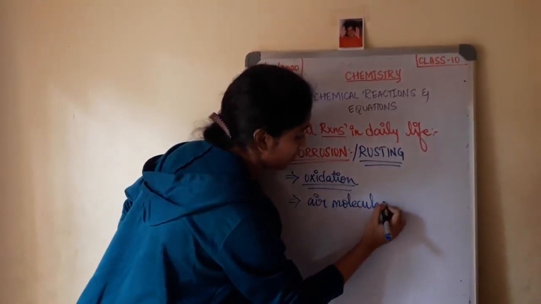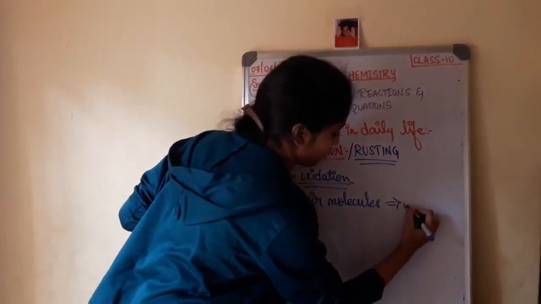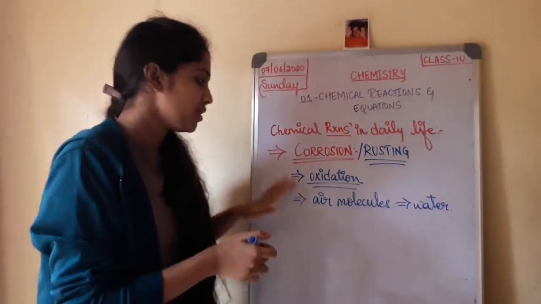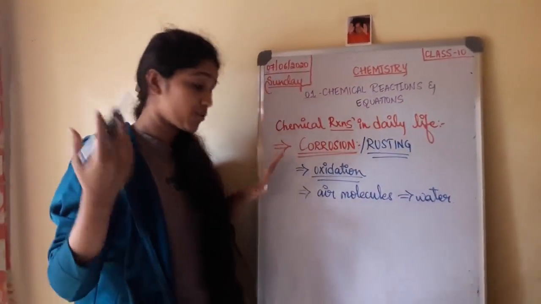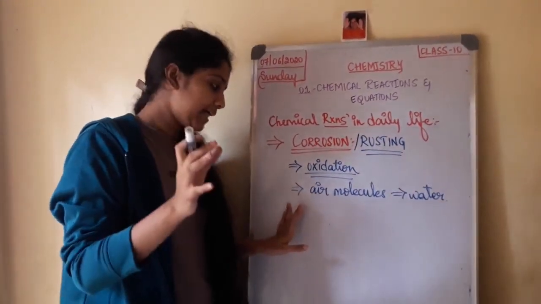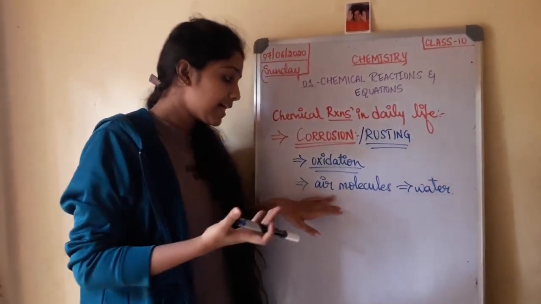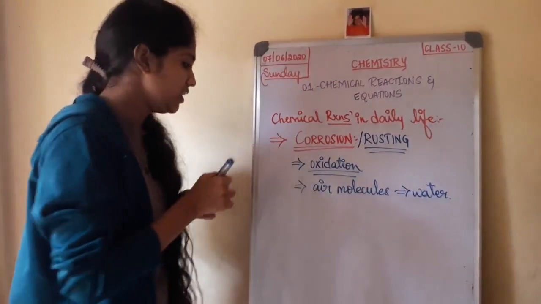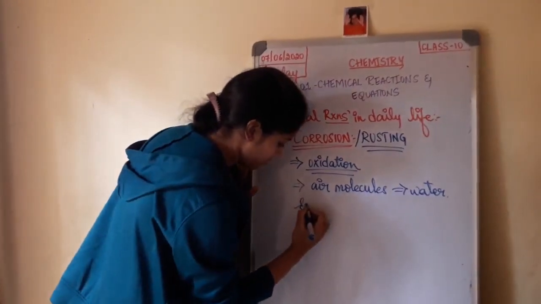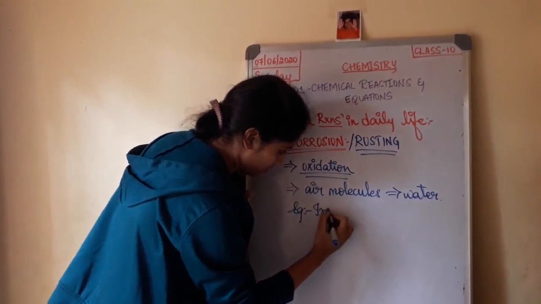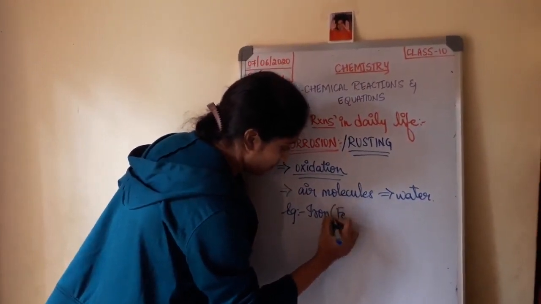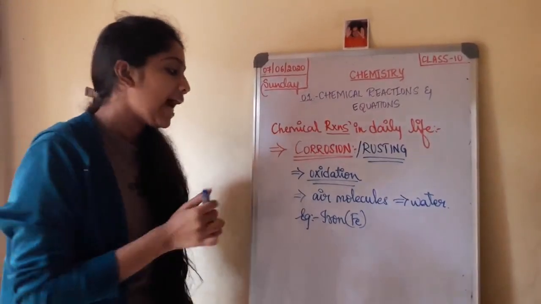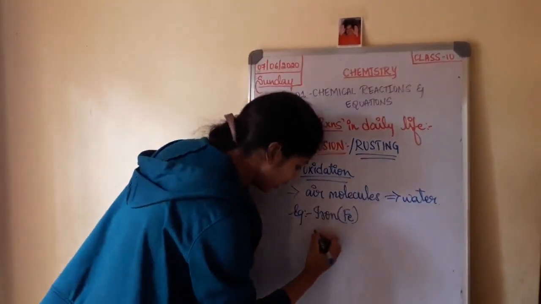Corrosion occurs when the materials or the particles get oxidized with the air molecules in the presence of water. Now, especially iron. Example, iron, symbol Fe, ferrum.